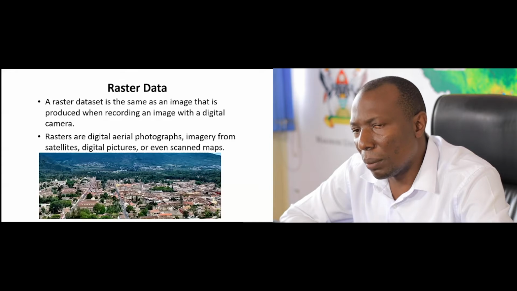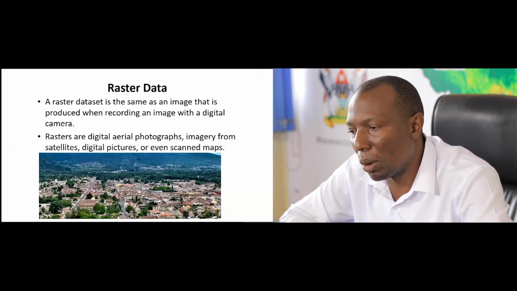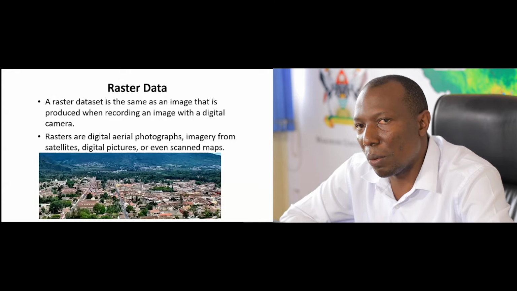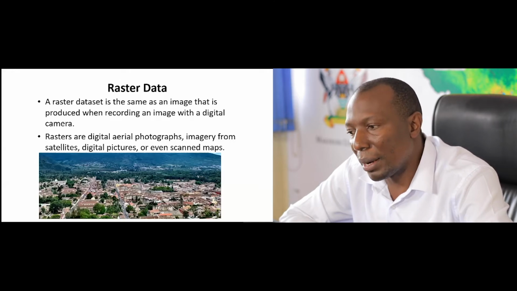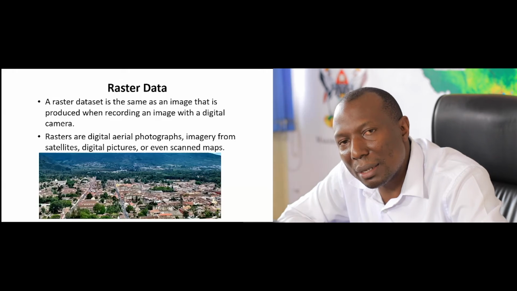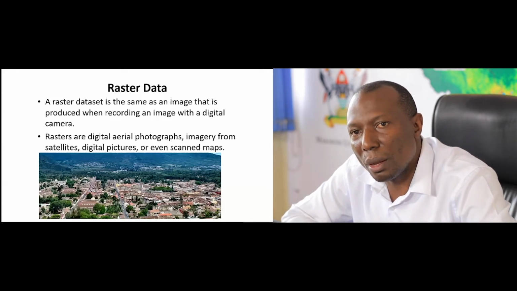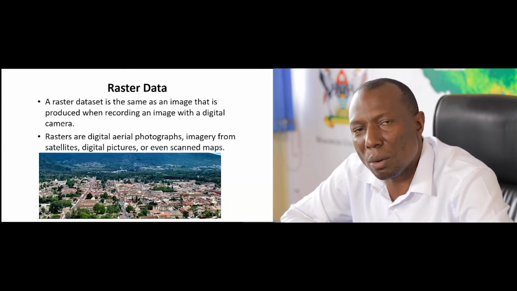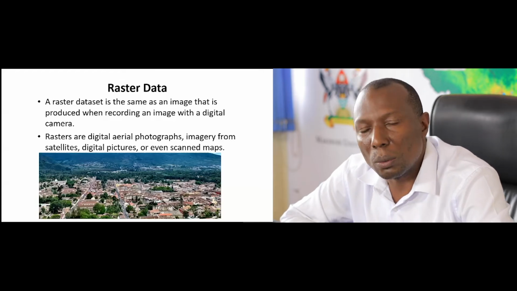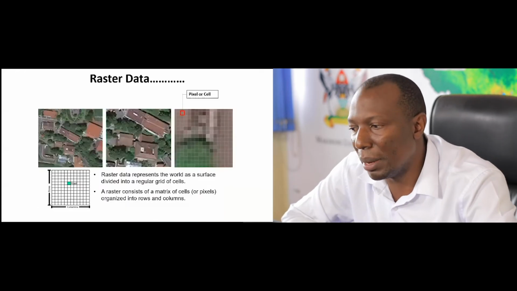But what is critical with rasters, as we move on in the training tomorrow, is that issues of resolution will come up. I remember someone hinted: why are we using global datasets when countries like Rwanda are very small? Resolution is very critical to understand the kind of datasets and the details that you need in an image.